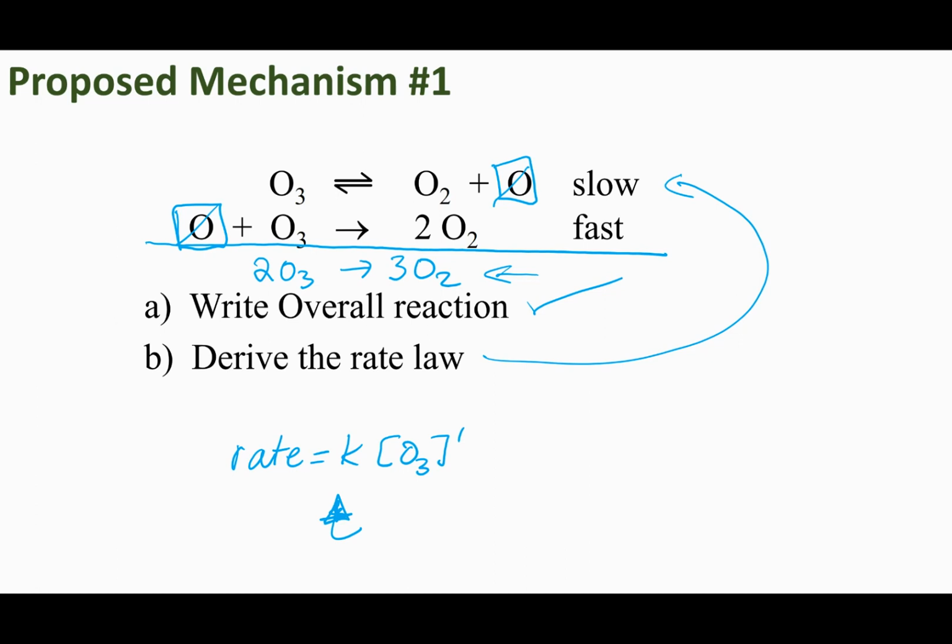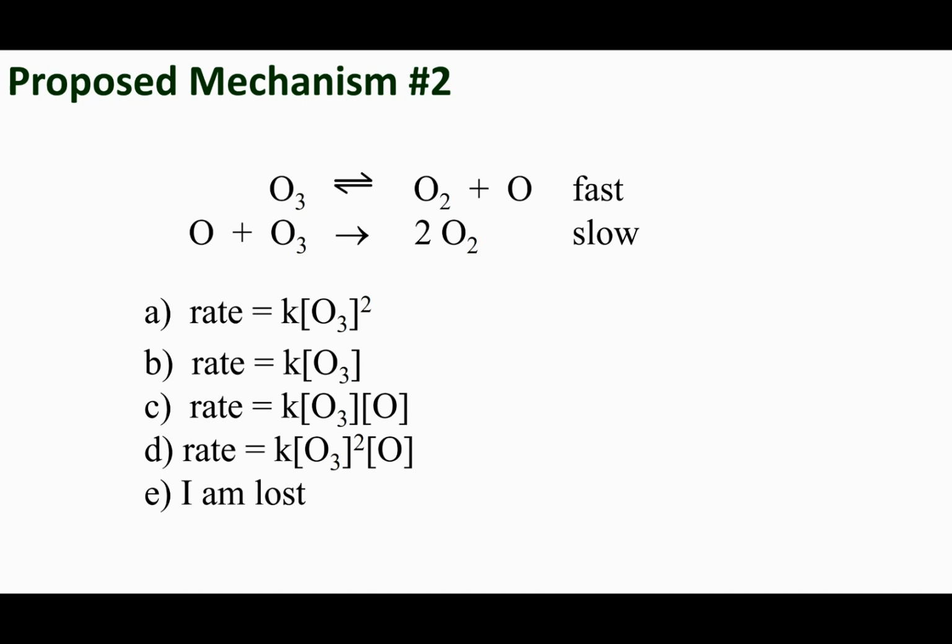So let's come up with a second proposal. So here's another quiz question for you guys. I got the rate laws on the slide. I want you to take a look at this proposed mechanism where I switched which steps were fast and which one was slow. And you guys tell me, does this seem like a valid proposal?